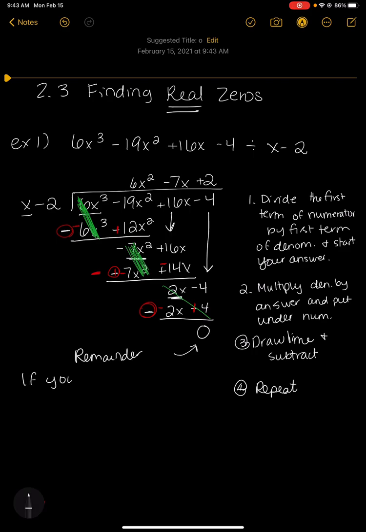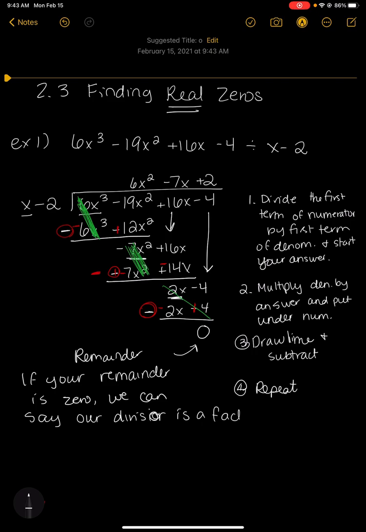If your remainder is 0, the divisor is a factor.